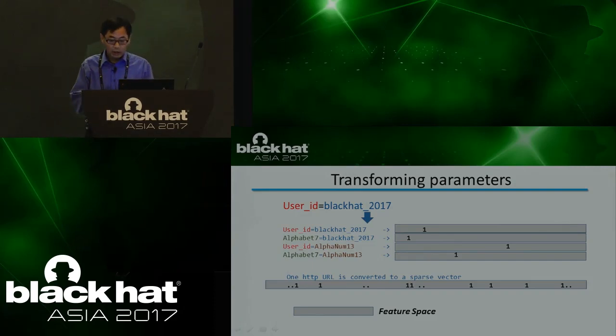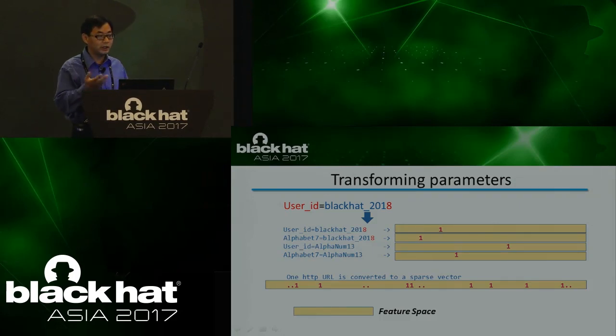Okay, how do we use this feature vector to do the comparison, to find the similarity or commonality? I'll give you another example. Say next year this malware evolved, and they changed the user ID to Black Hat 2018. We do similar things and get another 4 bits in the feature space.